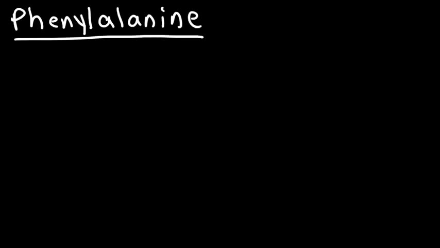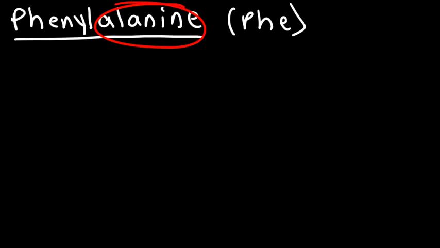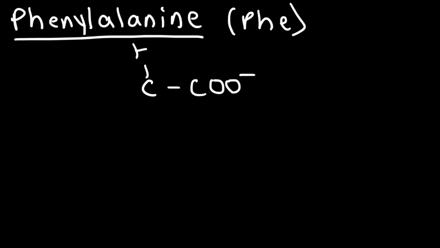Now the next amino acid that we are going to consider is known as phenylalanine, abbreviated PHE. Now let's focus on the word alanine because we drew the structure already. So if you recall, alanine had one carbon atom, a carboxylic group, a hydrogen, and an amino group.